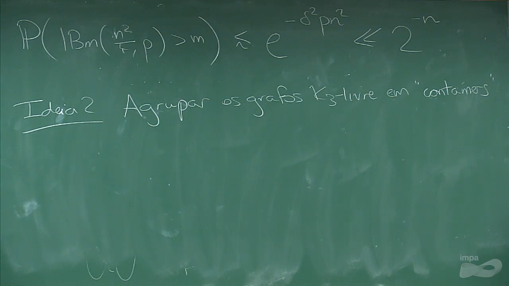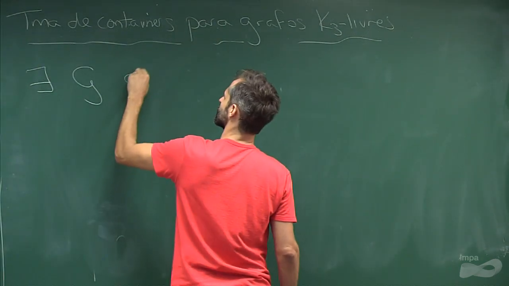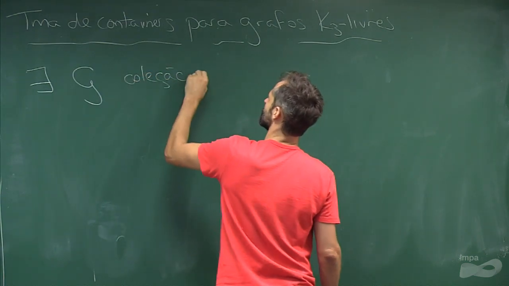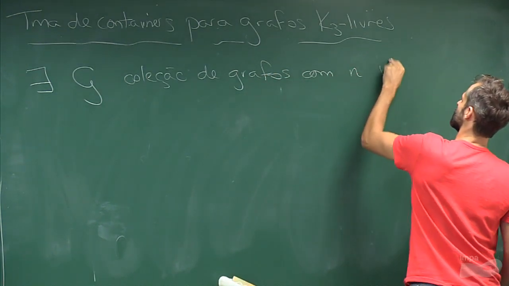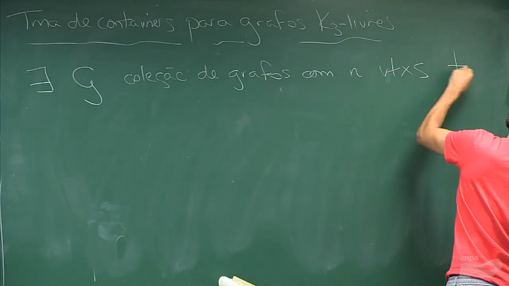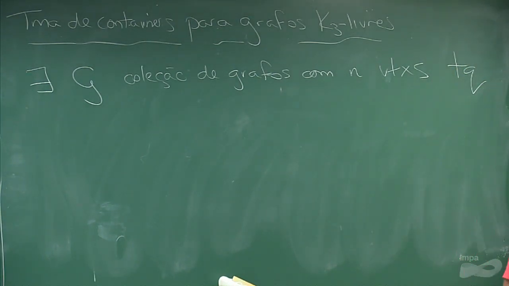for triangle-free graphs. There exists a collection of graphs on n vertices with the following properties.